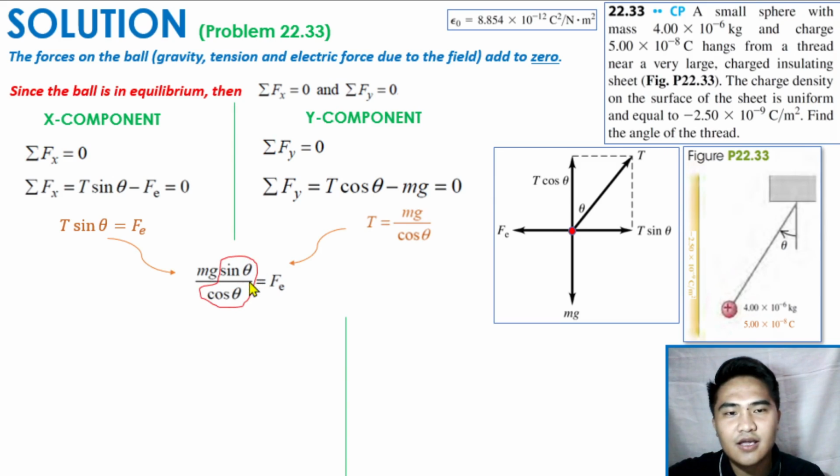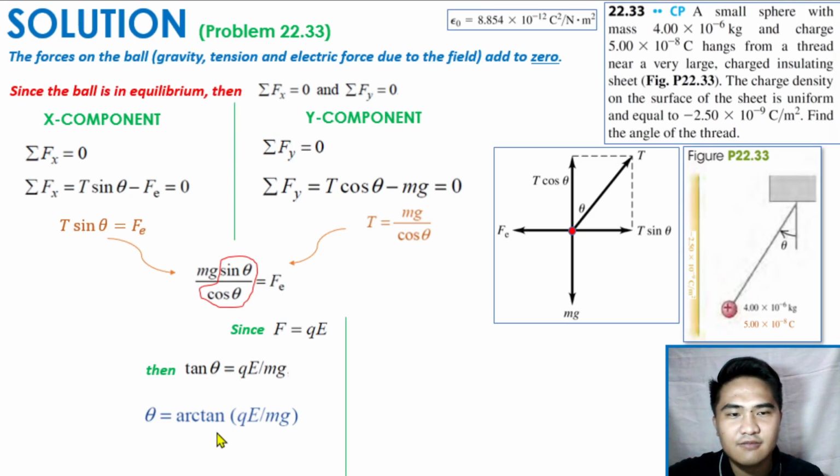And since this electric force is equal to the product of the electric field and the charge, we have tan theta, which is sine theta over cosine theta, equal to the charge multiplied by the electric field divided by the weight, or mg. Rearranging this to get the angle of the thread, we have arctan of QE over mg.